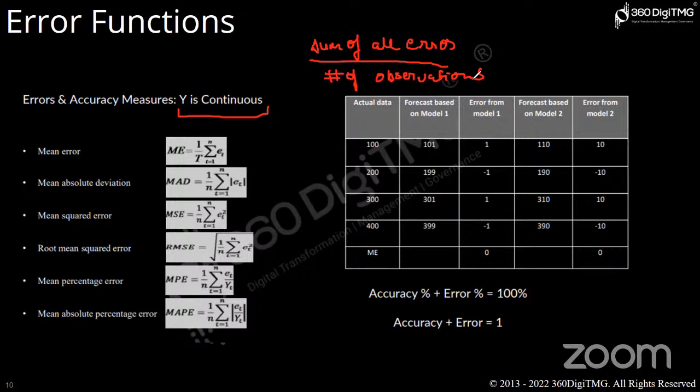Okay. So in this scenario, here we have this table. Here we can see that the mean error is coming out to be 0, because we have some errors in the negative direction, we have some errors in the positive direction. But that is not the case here, right? Because obviously we have some sort of error.